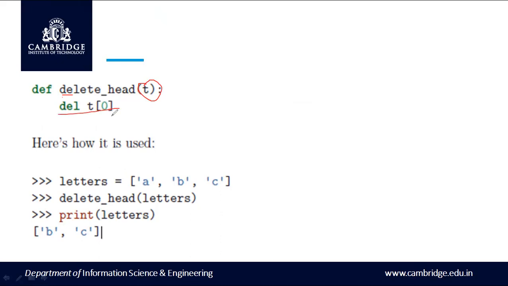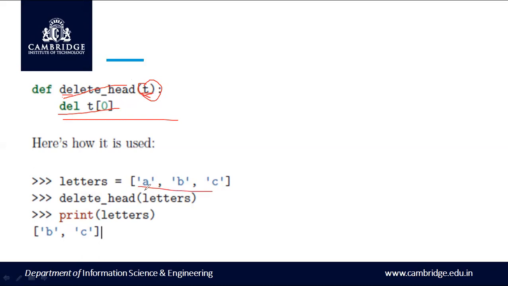Here you can see the 0th offset value is specified, that means t of 0. Wherever you use this function, it deletes the first element, because the offset value is 0 here. Here you can see a list which is passed as an argument to the function delete head.